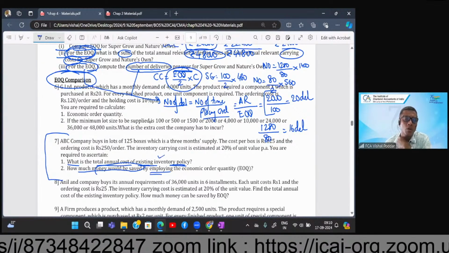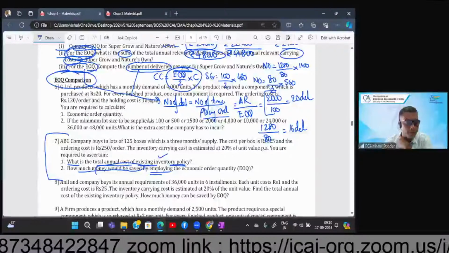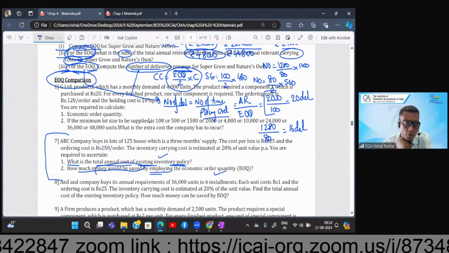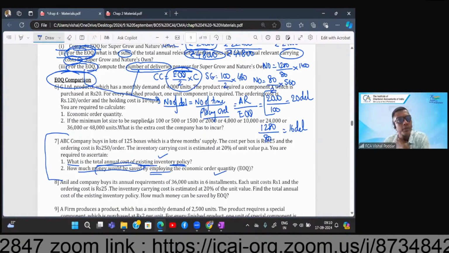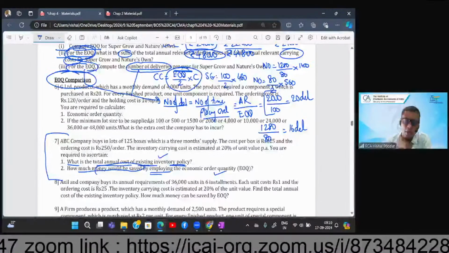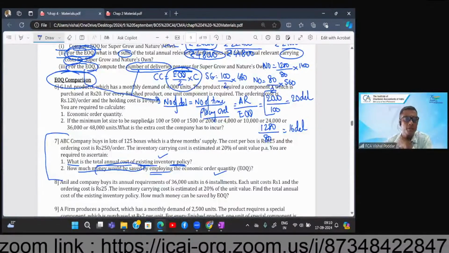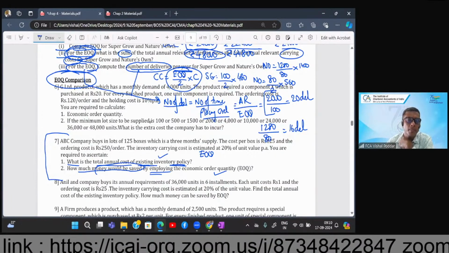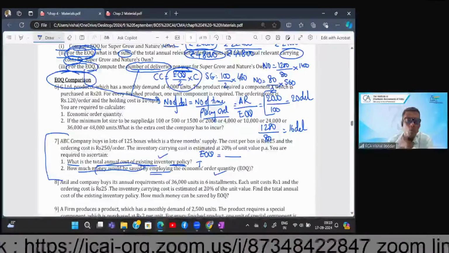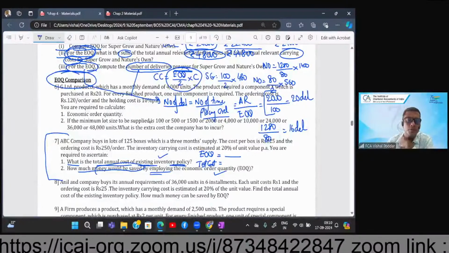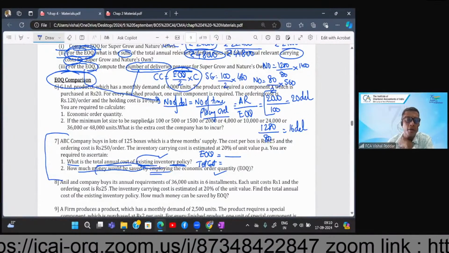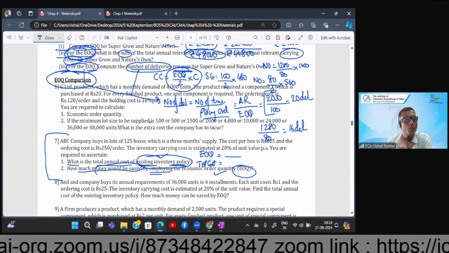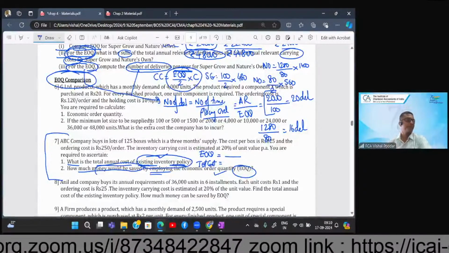You find out the total cost of the existing inventory policy that they are following, and find out the total cost of EOQ that you are suggesting to them. The difference is the savings, right? Again, I give you 2 minutes. First find out EOQ and then find out total cost, one at their inventory policy and second at EOQ. And the difference between the two is your savings, right?